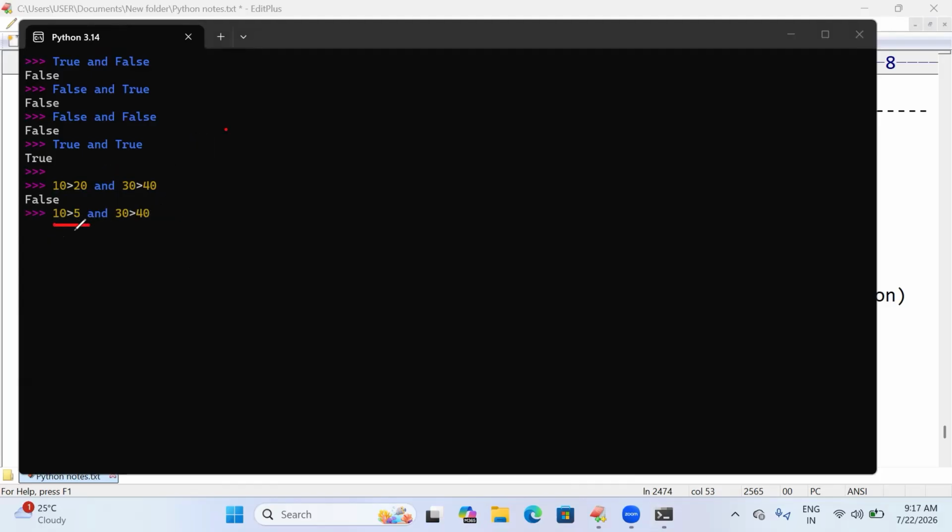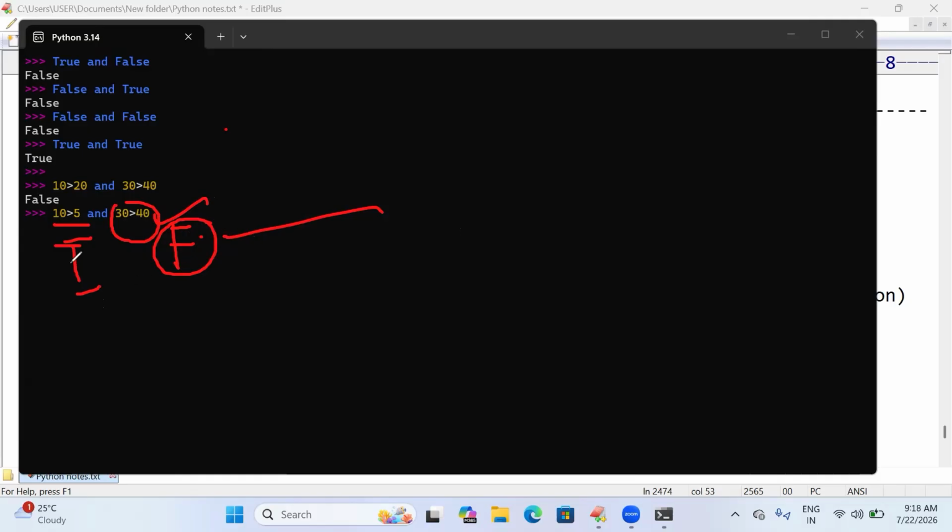10 greater than 5 is true, right? When it is true, the PVM is going to evaluate the next part. See here, 30 greater than 40. 30 is not greater than 40, so it is false, right? So the output is false. Why? True is internally considered as 1 and false is internally considered as 0. The AND operator uses multiplication. 1 multiplied by 0, the output is 0, right? That is the reason the output is going to be false.